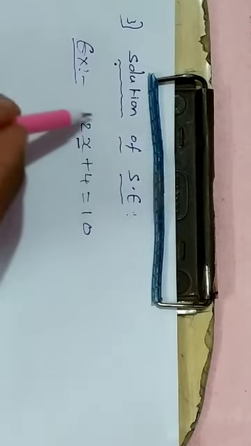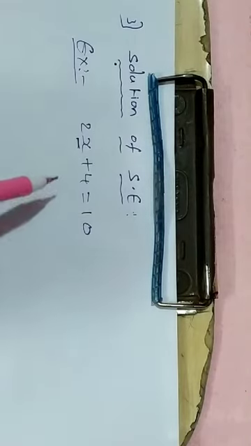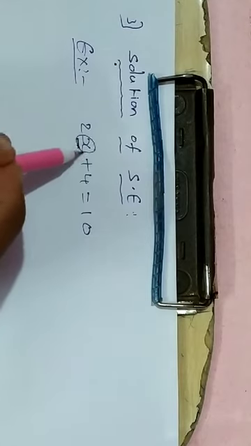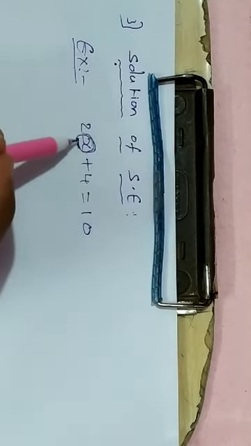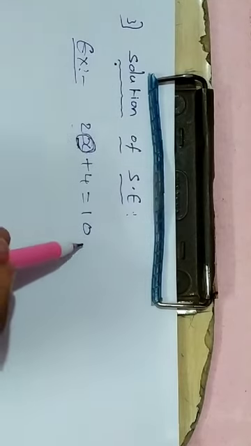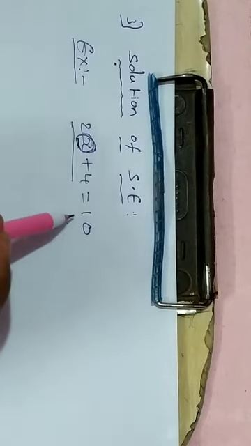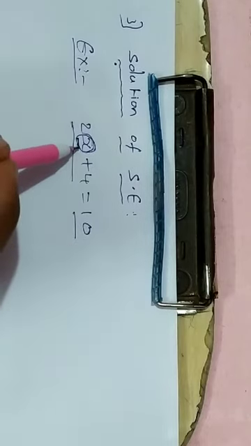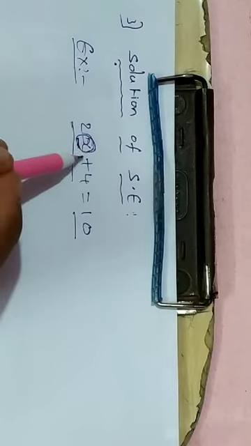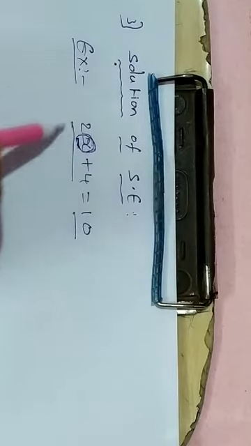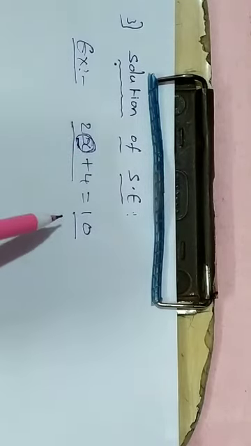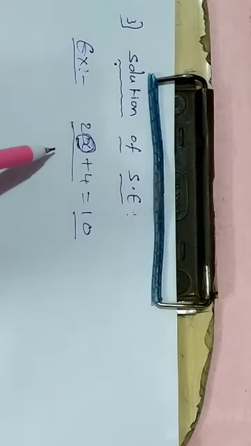So what is the solution of this simple equation? For what value of x is the linear equation satisfied, that means LHS is equal to RHS, then that value of the variable is called the solution of this simple equation. So how do we solve this simple equation? By using the transposition rule.